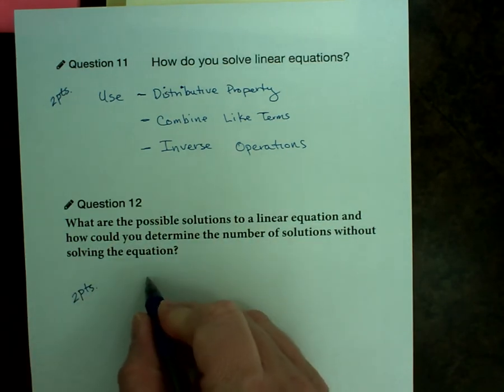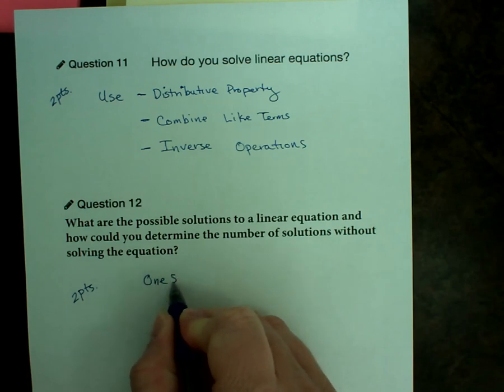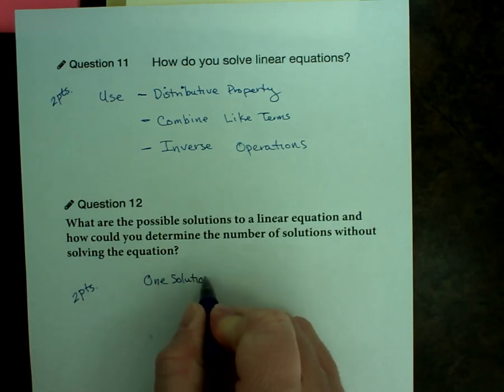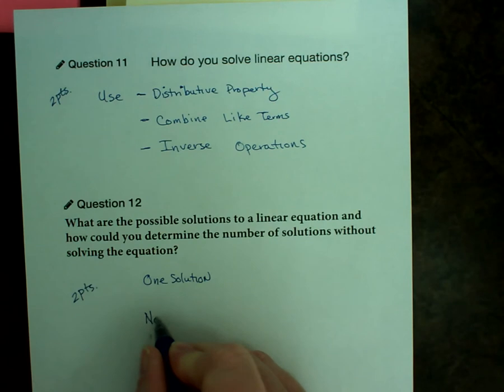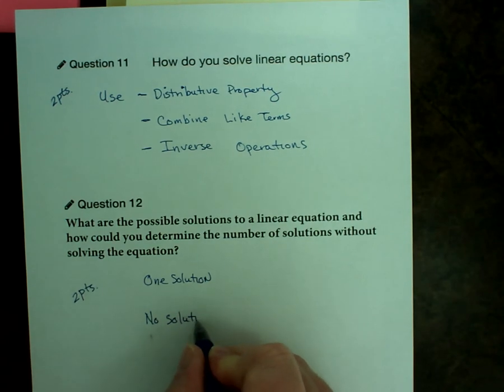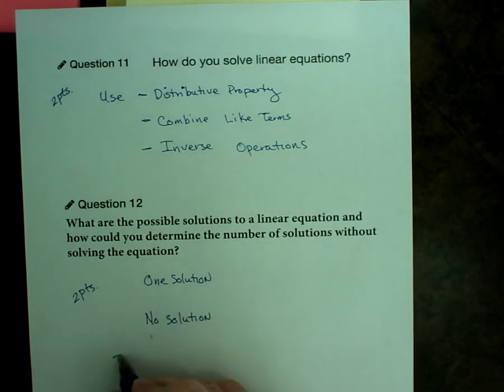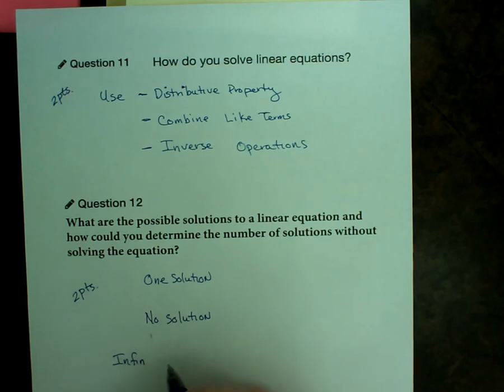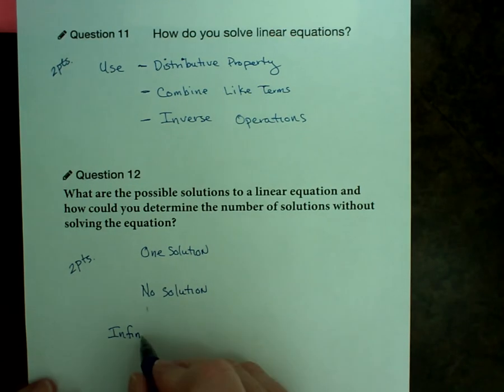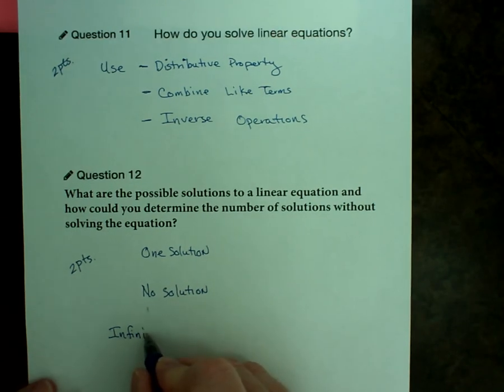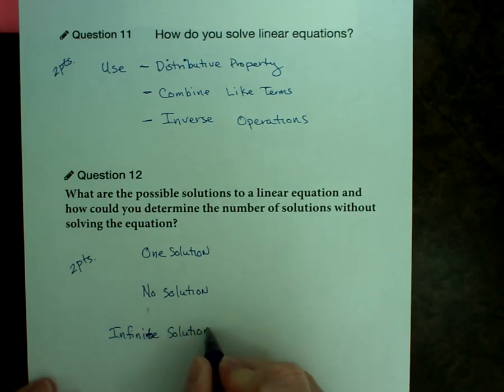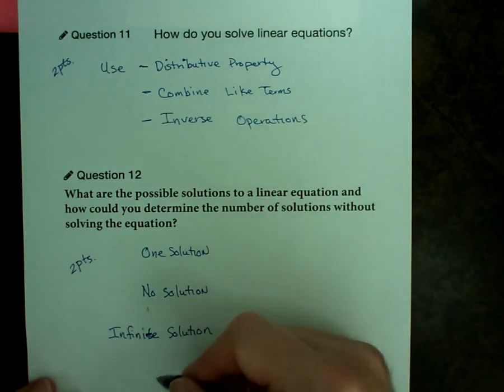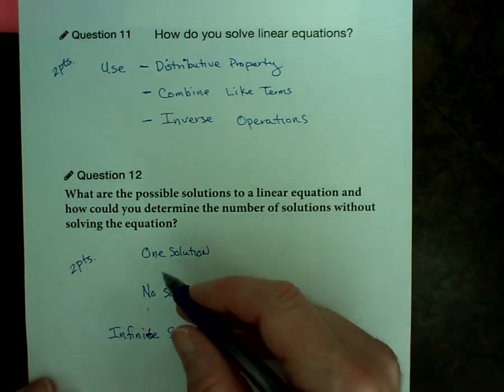Most of the class got 1 solution, no solution, and infinite solutions. That got you 1 point right there on the rubric.